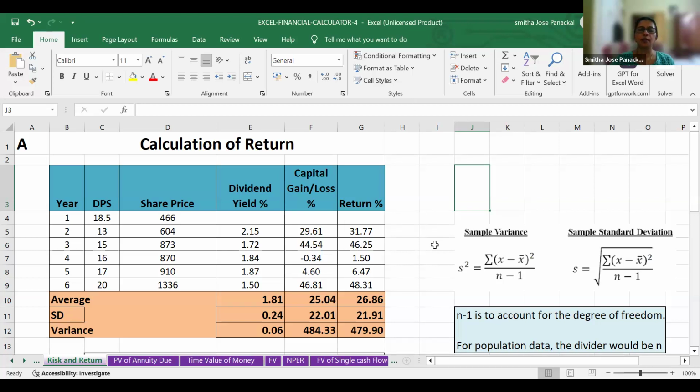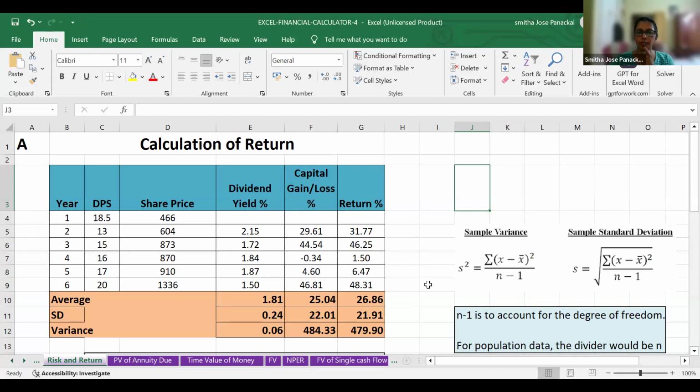Then we have segregated the total return into two: dividend yield and capital gain. Dividend yield represents the regular return. Capital gain is the end return. So you can calculate either separately or together as total return.